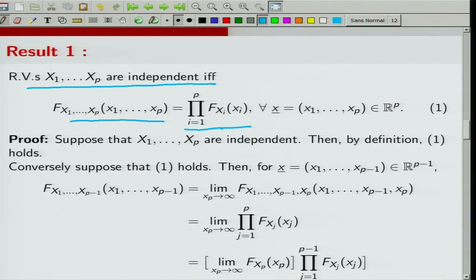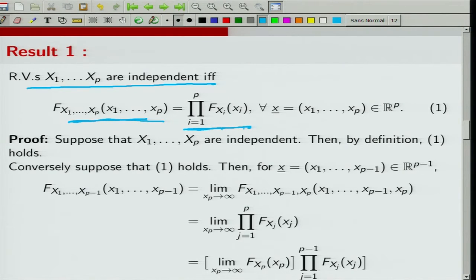But this result simplifies our life. You do not have to check that condition for all sub collections; we just check it for the complete collection. If the joint distribution function of the complete collection is the same as the product of marginals, then you can conclude that X1, ..., Xp are independent, and this condition is if and only if. If this condition is not satisfied, then X1, ..., Xp will not be independent.